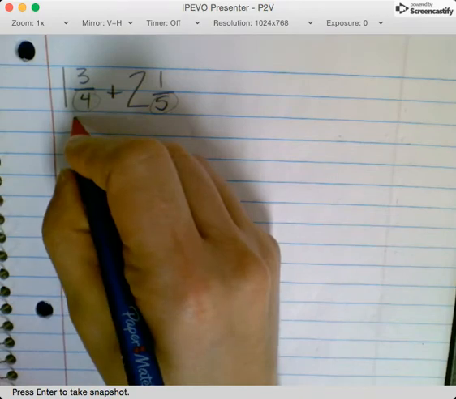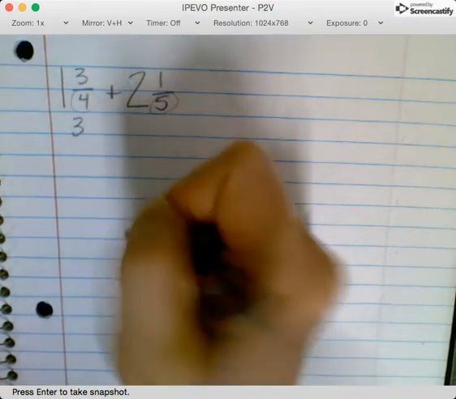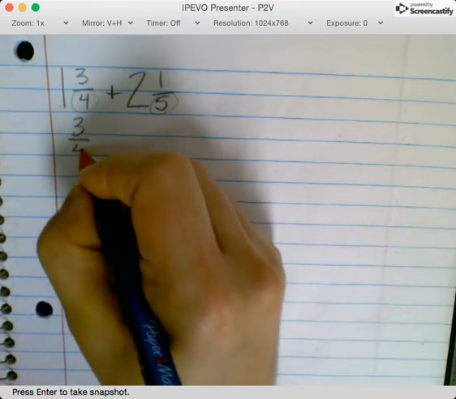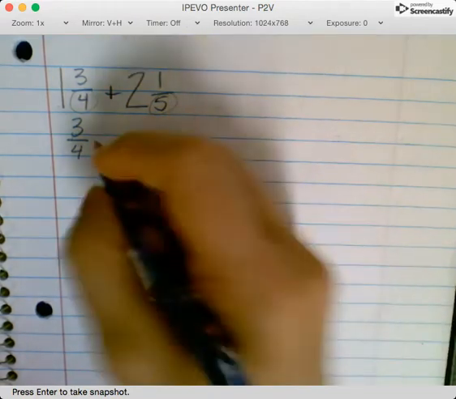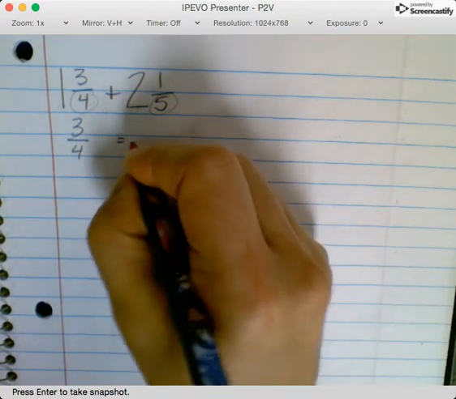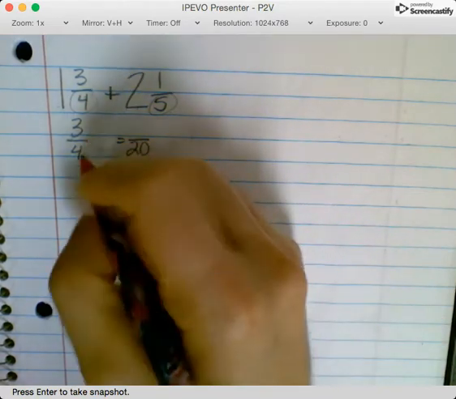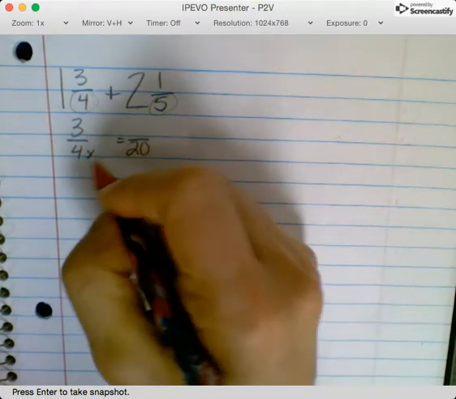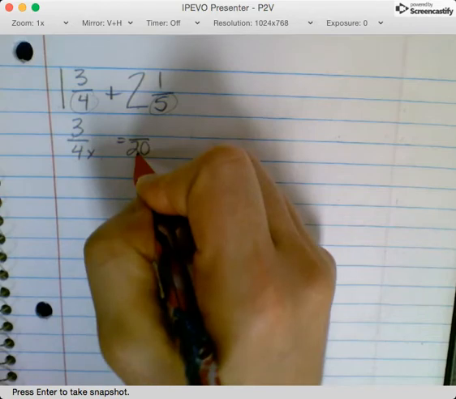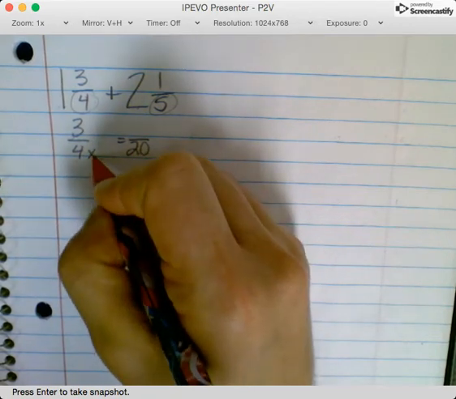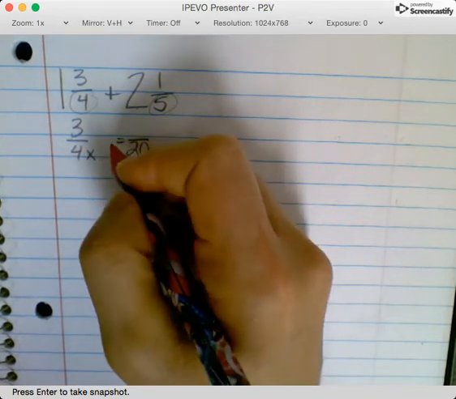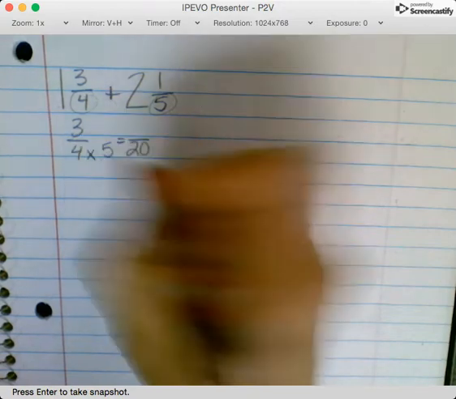So I'm going to leave the 1 and the 2 alone, which is the whole number, and I'm just changing the fraction. So in order to change them to have the common bottom number of 20, I have to multiply my 4 times something to get 20. And 4 times what is 20? 4 times 5.